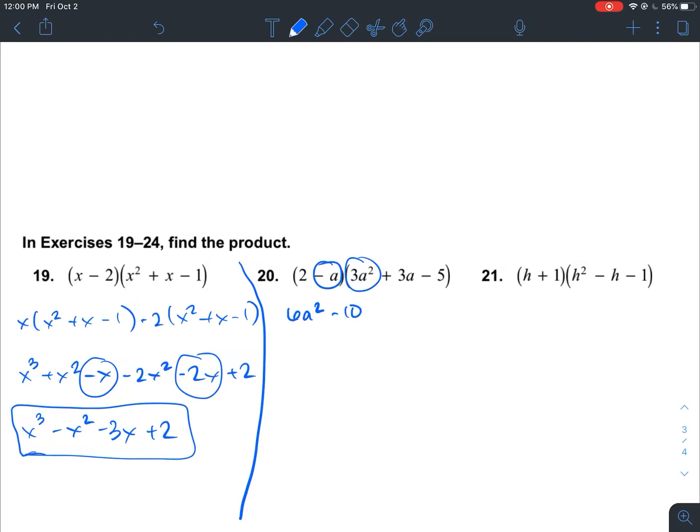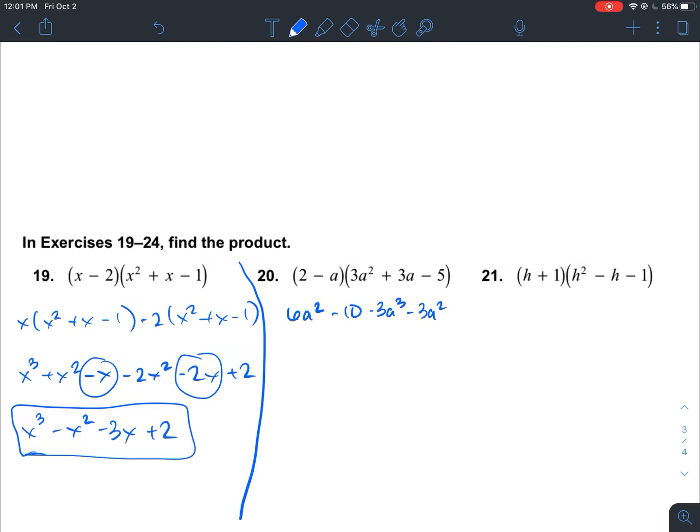Okay, so that's going to be negative 3a cubed. Okay, and then I still have another inner term right there. Those two right there. Okay, and that's going to be negative 3a squared.